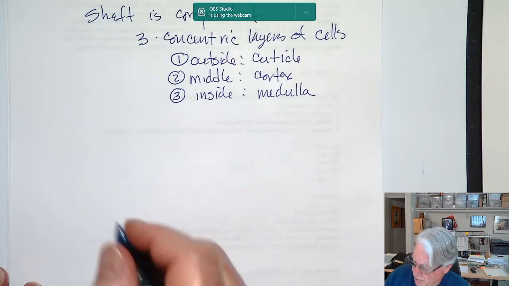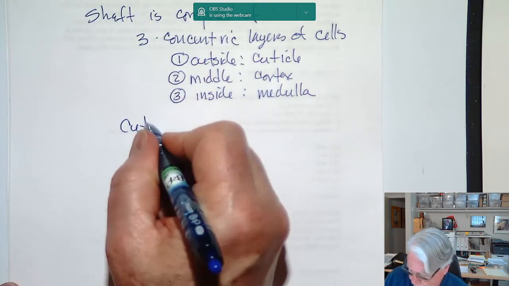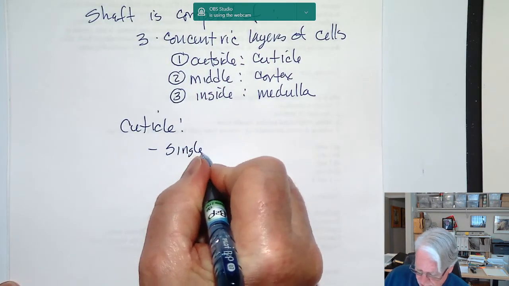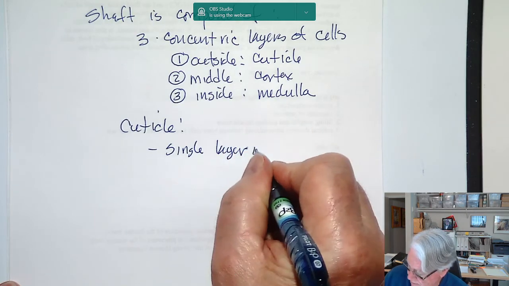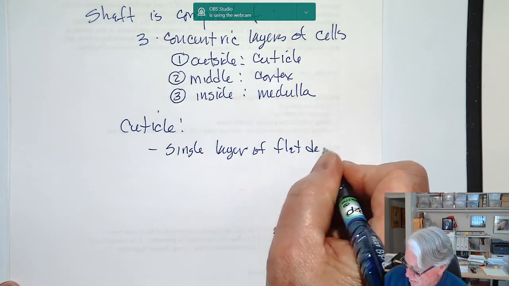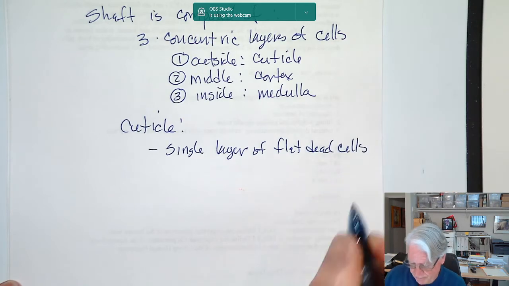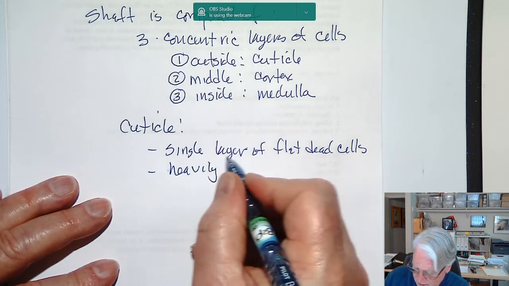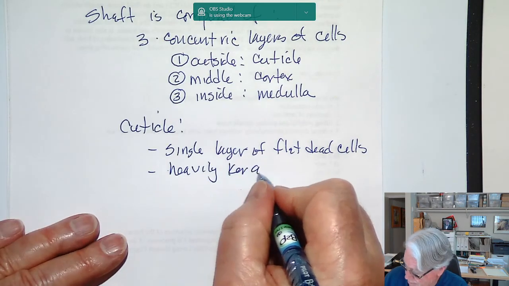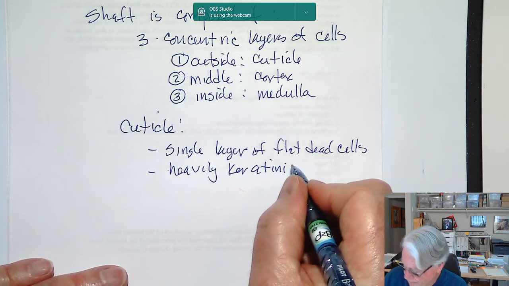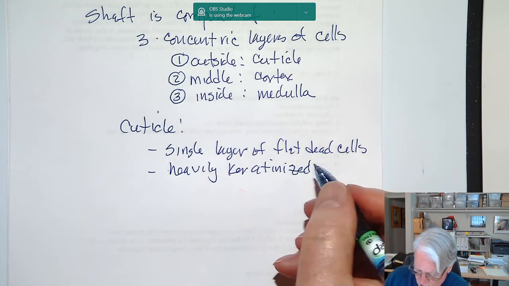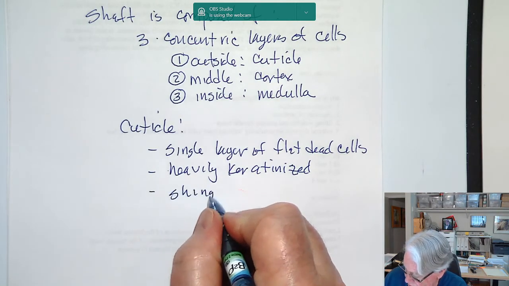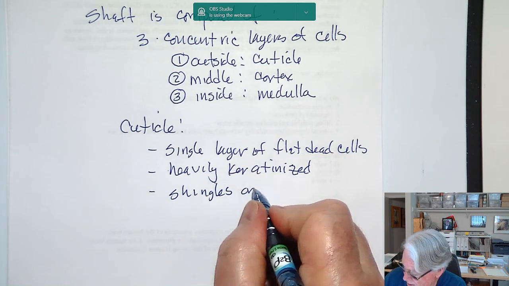So, the cuticle is a single layer of flat, dead cells. These are heavily keratinized. And their arrangement is like shingles on a house.